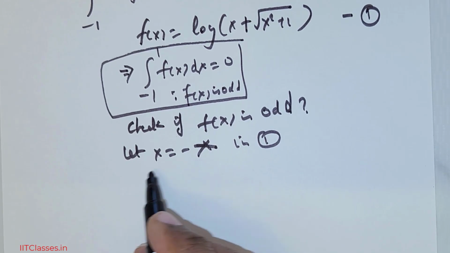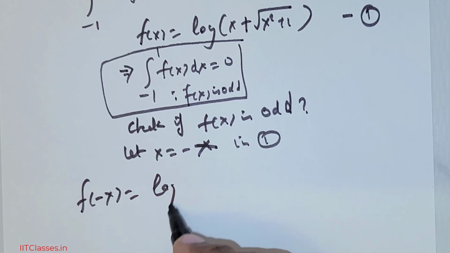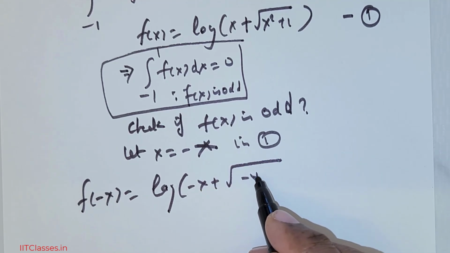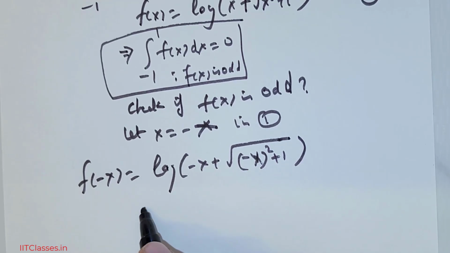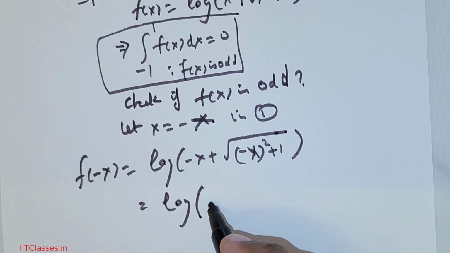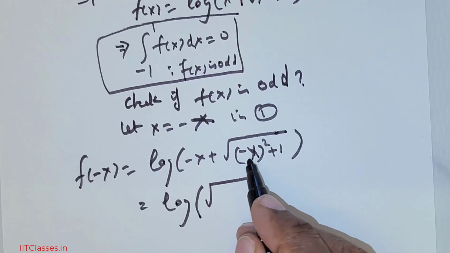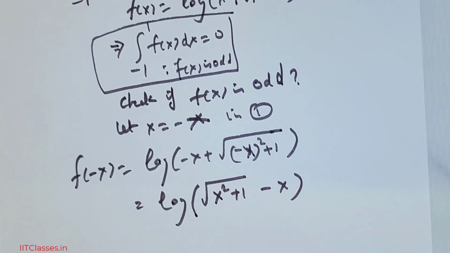So substituting x equal to negative x, we get f of negative x is equal to log of (negative x + root of negative x squared + 1). This can be rewritten as log of (root of x squared + 1 negative x). So this is what we have got.